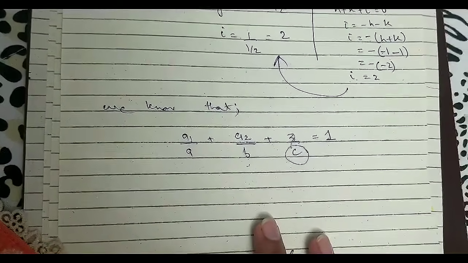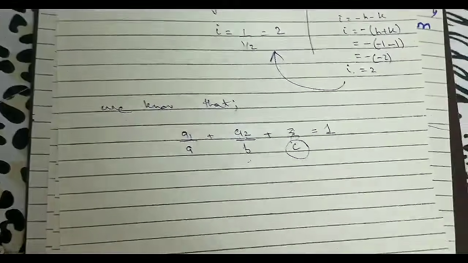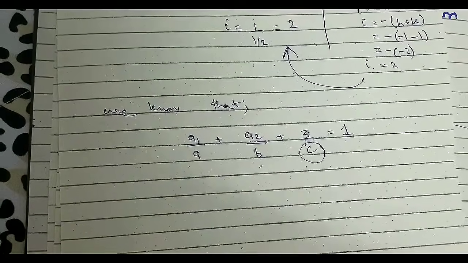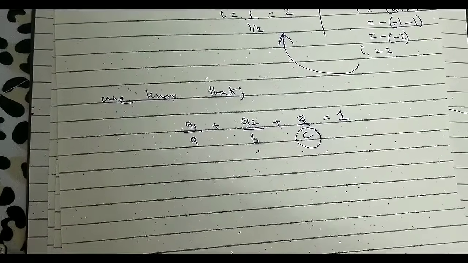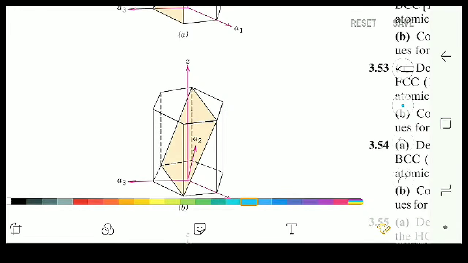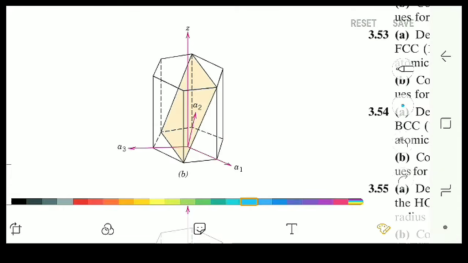Okay, so let me take one point on the plane, and I will get you onto the page where the plane was. Now let us take a point on this plane, and that point should have a non-zero z coordinate. We should keep that in mind.